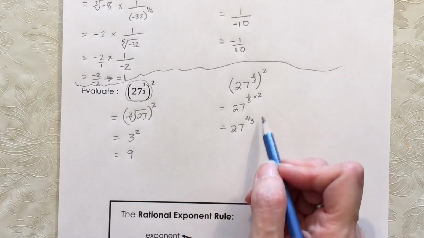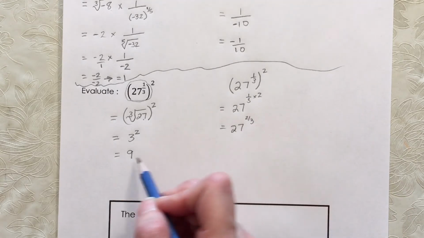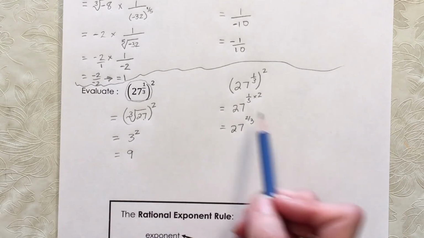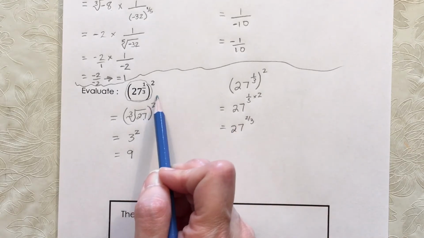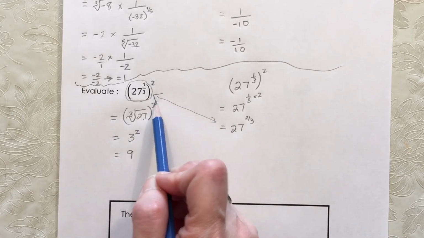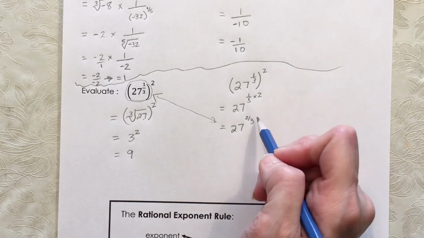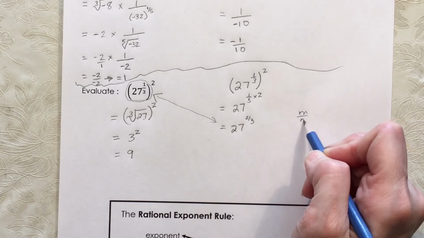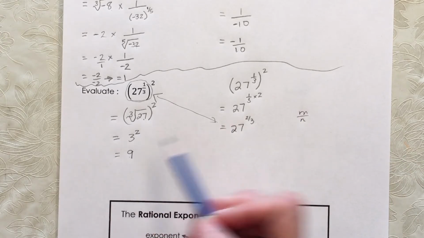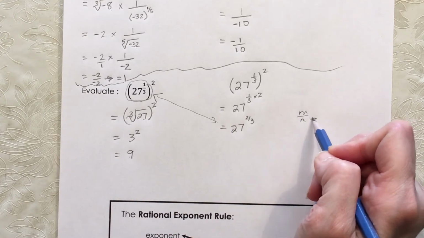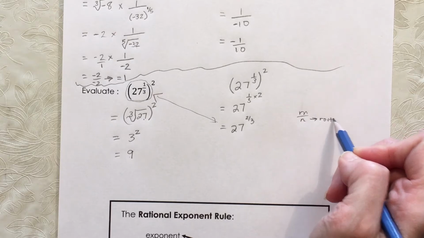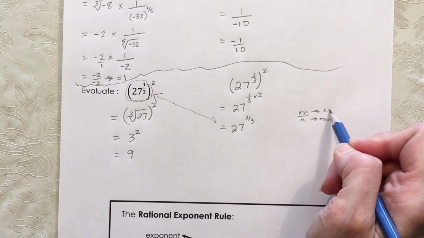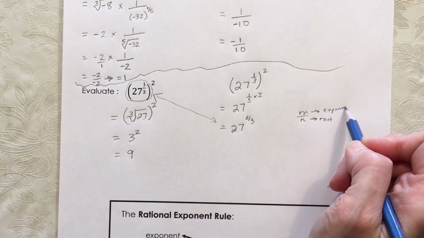So 27 to the 2/3, these two things have to be the same. When you look at an exponent of the form m over n, you can see with what we did here that the n number represents the root and the m number represents the exponent.